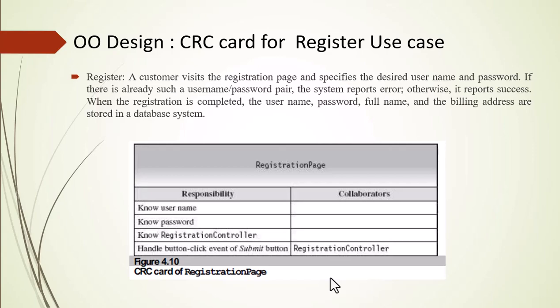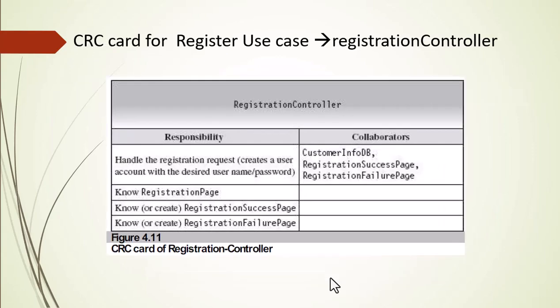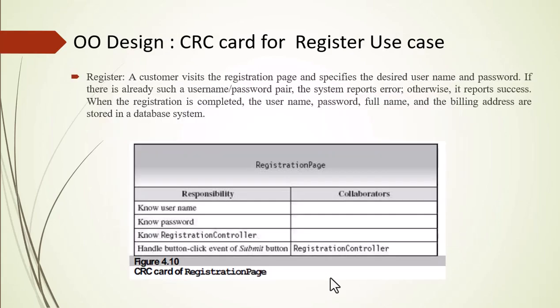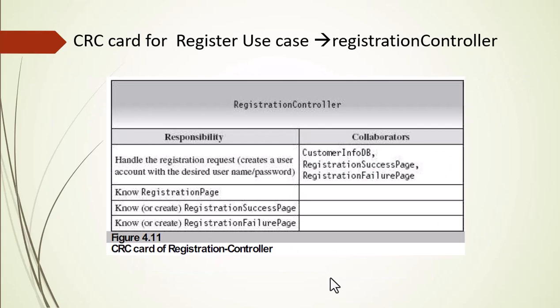So here the registration controller is the collaborator, and this is the registration controller class, which is a collaborator for the registration page. And the collaborators of the registration controller class are defined for the handle registration request, which are customer information DB, registration success page and failure page.